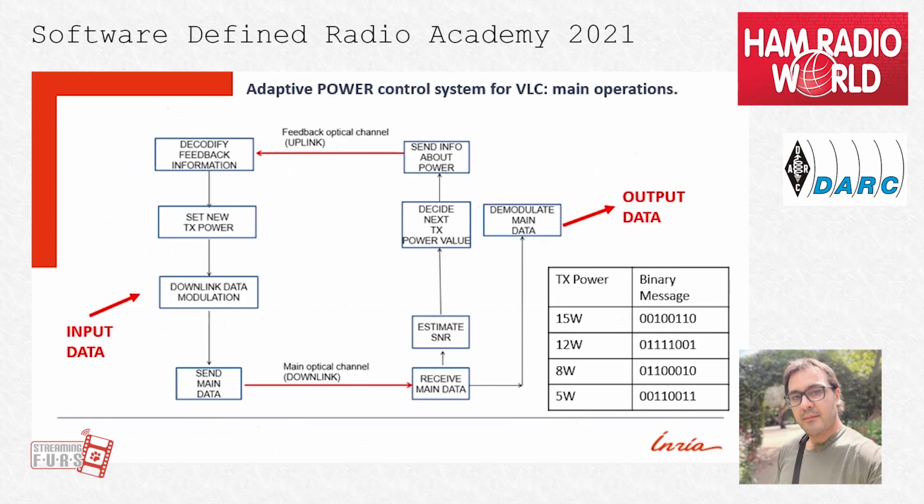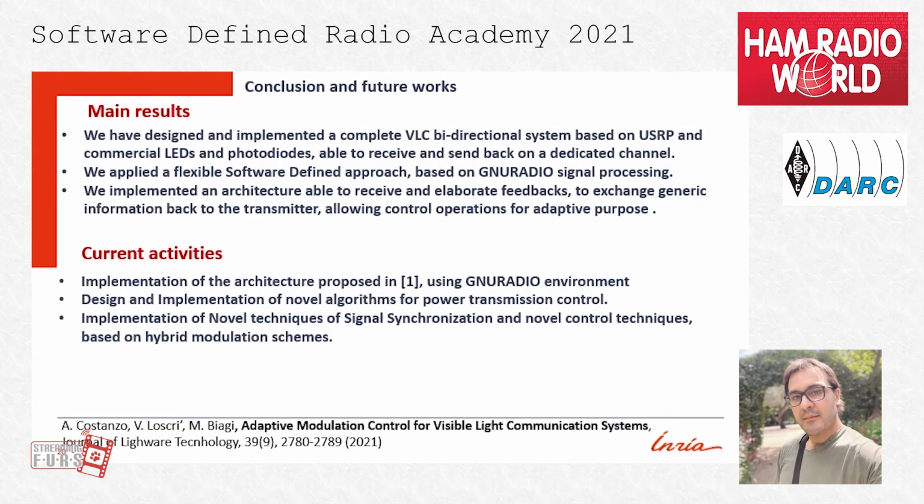So, for concluding, in this brief presentation, I showed you how we have designed and implemented a complete bidirectional system which is based on universal software radio peripheral and using some commercial LEDs and photodiodes, so in a very low-cost logic, but which is able to receive and send back messages on a dedicated channel. We applied the software-defined approach, which is based on GNU Radio.